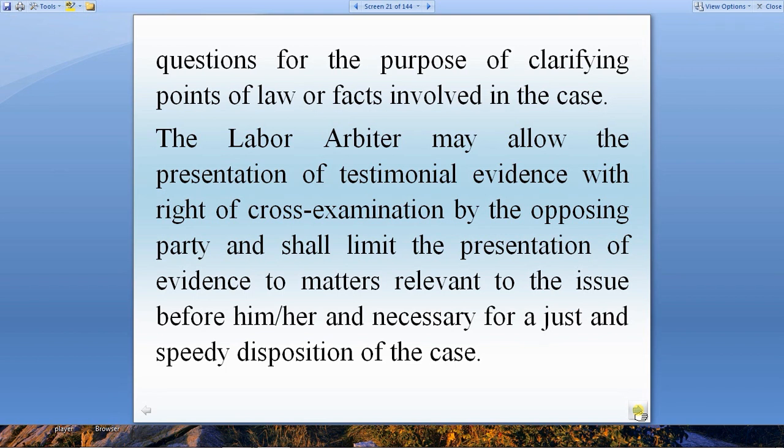Remember, nandiyan si labor arbiter, siya ang magkocontrol ng case. So, magpipresent ang parties involved, the complainant and the respondent, allow the presentation of the evidence for cross-examination. Siya din ang maghuhusga kung hanggang saan ang pwedeng i-present na evidence for the speedy disposition of the case. Now, class, do you have any questions?